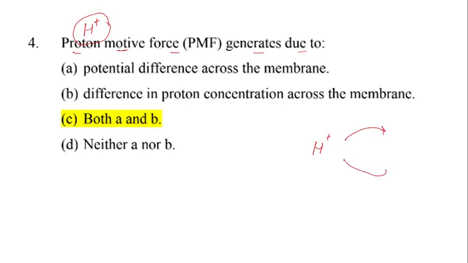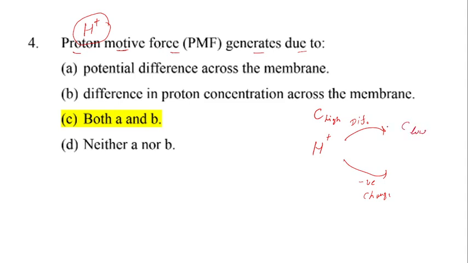First is due to diffusion, second is due to negative charge. Diffusion means if the concentration is high here, it will try to move to the lower concentration.